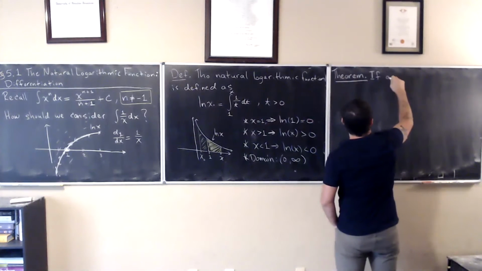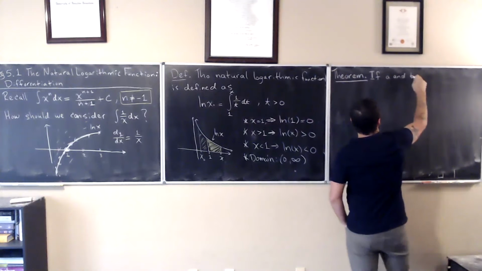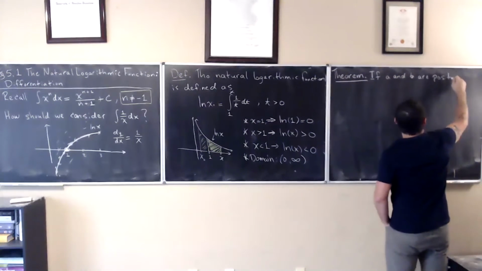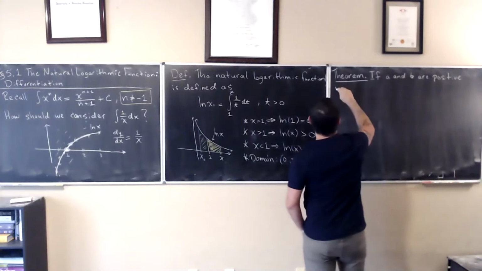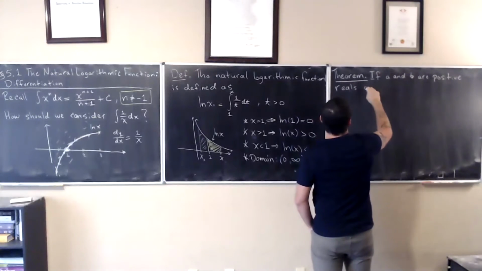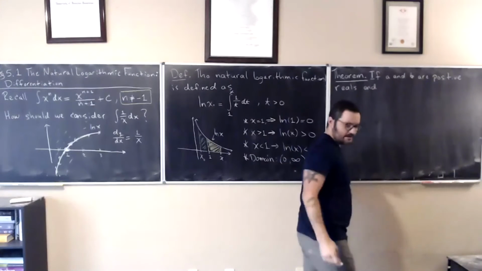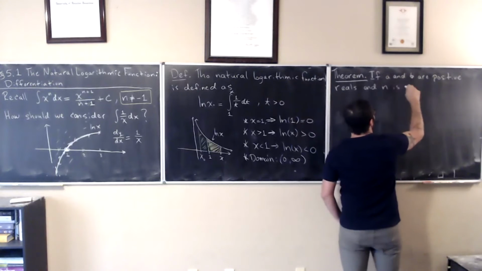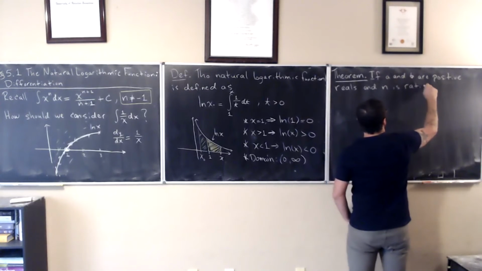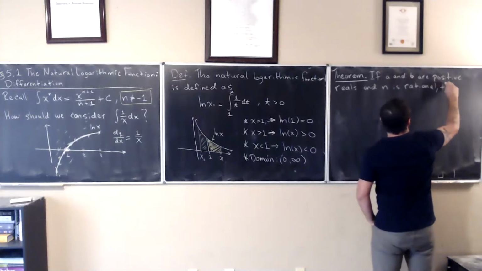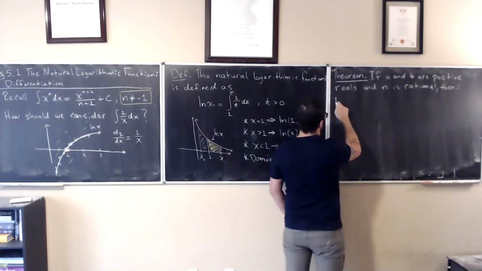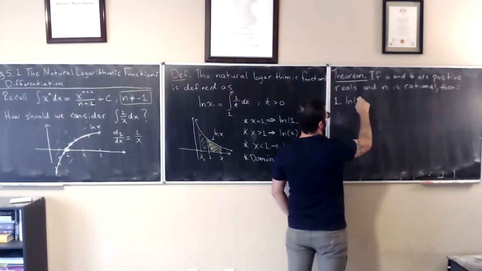So if A and B are positive reals, and say n, and n is rational, then we have several properties. So we've already discussed this one. The natural log of 1 is equal to 0.